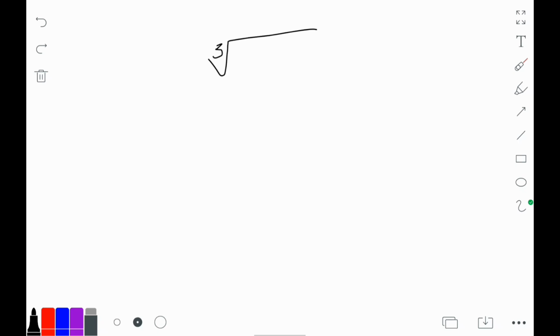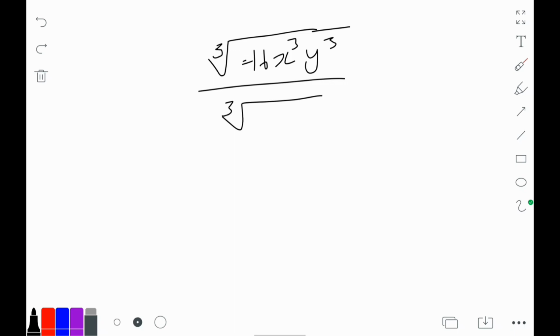It's the cube root of negative 16x to the power 3 y to the power 3 over the cube root of 128 y to the power 2.